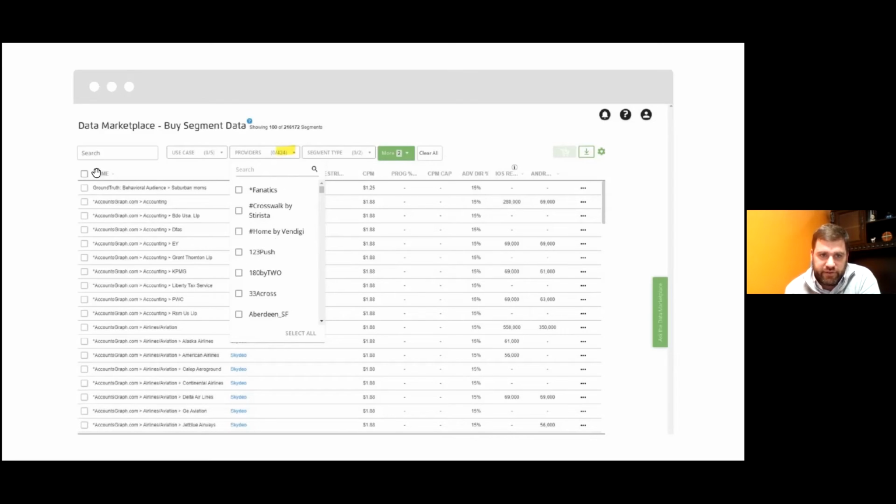So whenever the user inputs brides-to-be, two of the providers will show up in the search. Whenever they type in newly engaged, Fanatics and 123 Push will show up. Having those varieties is a really good way to capture off-the-shelf usage and make sure that you're assisting the agency and the brand in reaching the audience that they want, if they know what they want and a custom segment is not required.